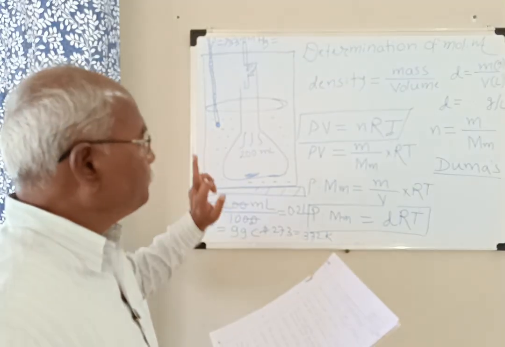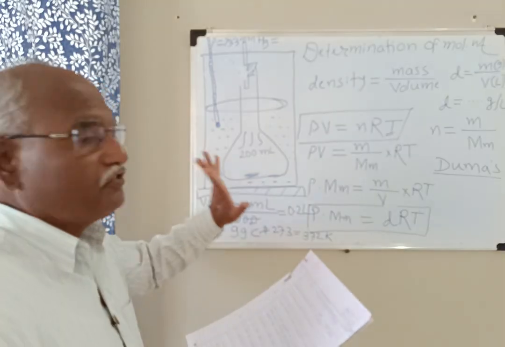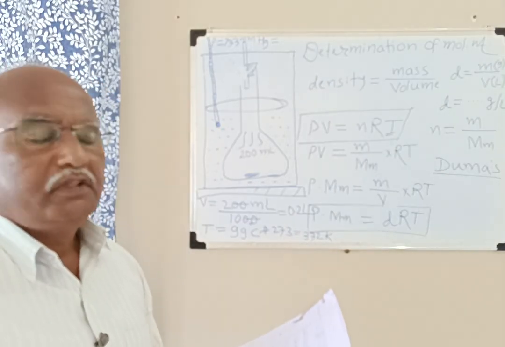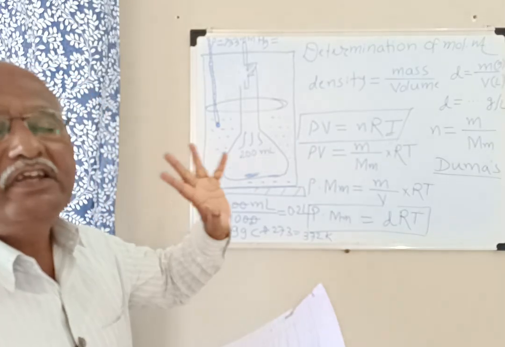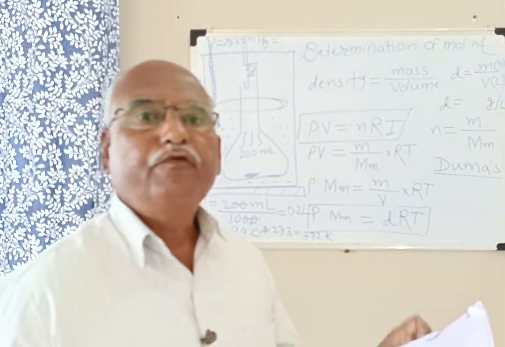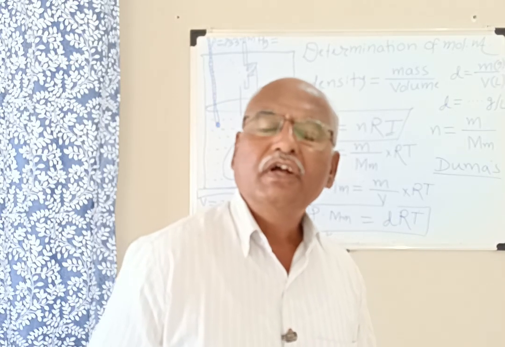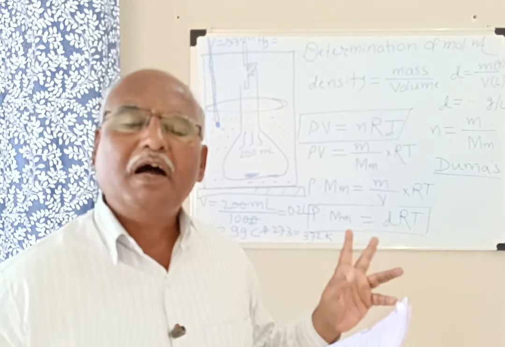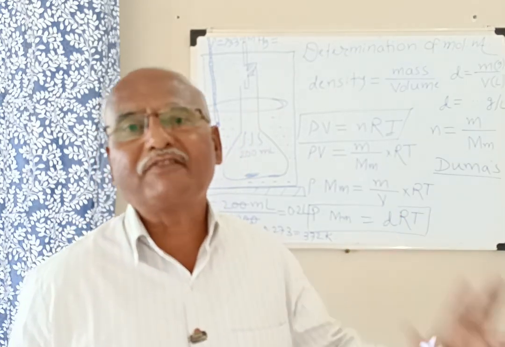When the flask is cooled, the vapor gets condensed into liquid. Then the mass of this flask is noted. The weight of the flask is taken, and after the experiment, the mass of the empty flask is taken.